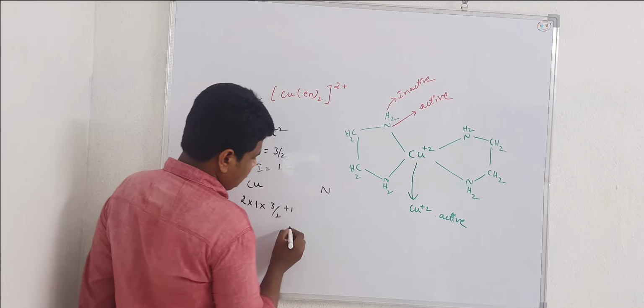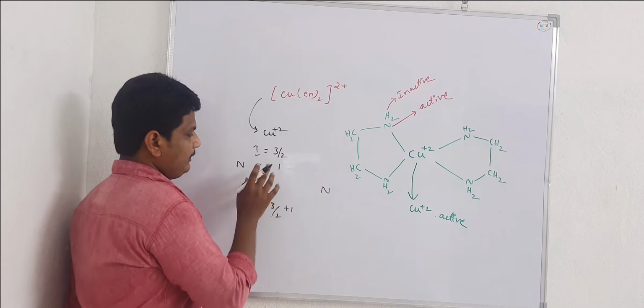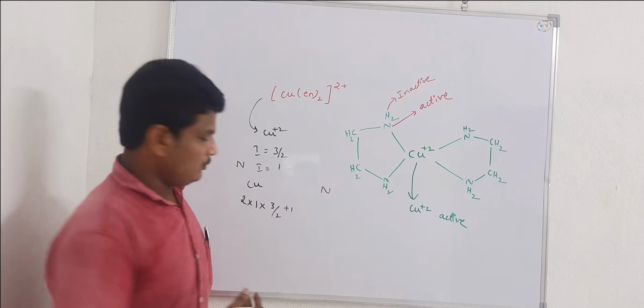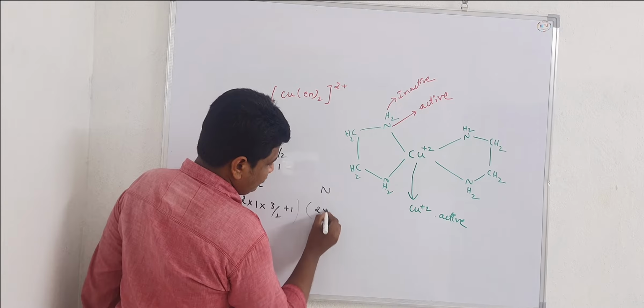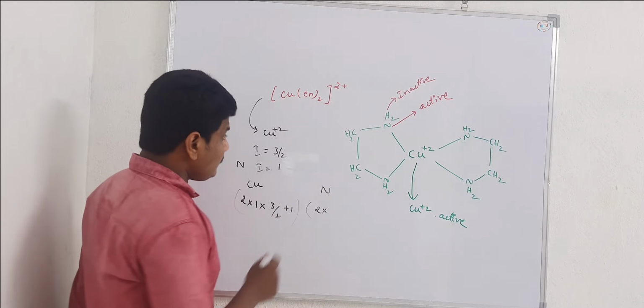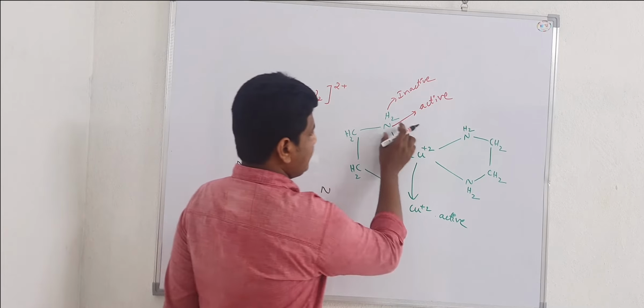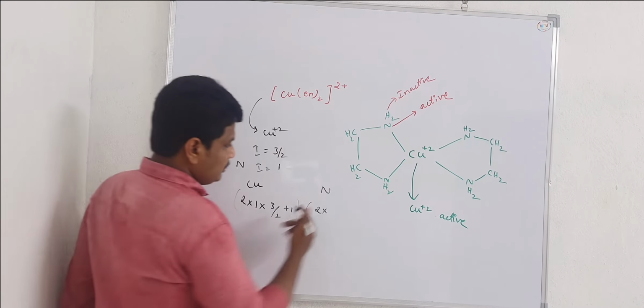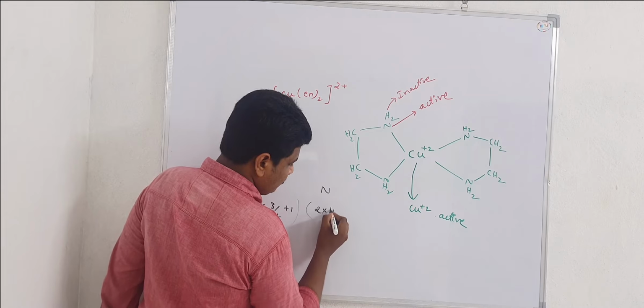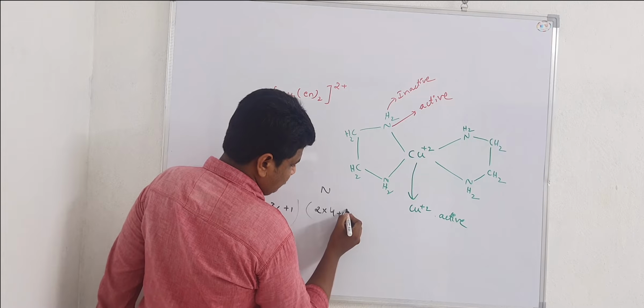For nitrogen they have given I equal to 1. You can simply apply the 2nI plus 1 rule: 2 into the number of nitrogen atoms. There are 4 nitrogen atoms attached to the copper plus 2, so 2 into 4 plus 1.